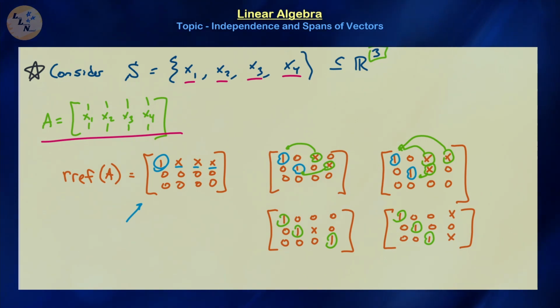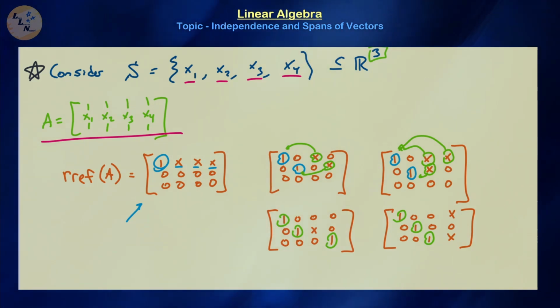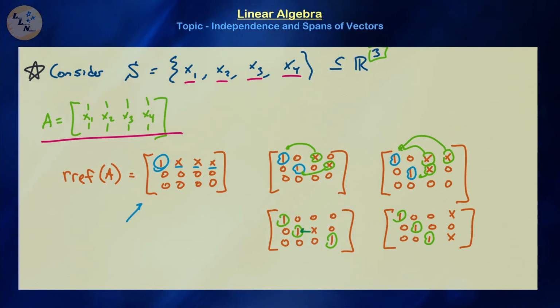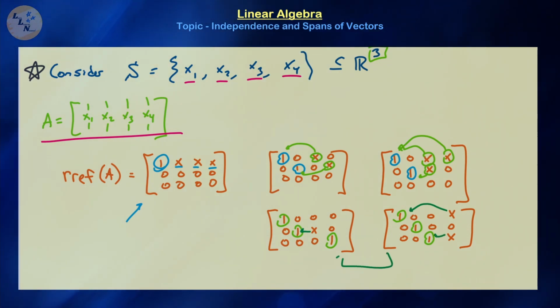So notice that vector 3 in this first case is dependent on vector 2, and in this last case, vector 4 is dependent on vectors 1 and 3. So these two sets of vectors are, of course, dependent sets. Actually, all of them are sets of dependent vectors, right?